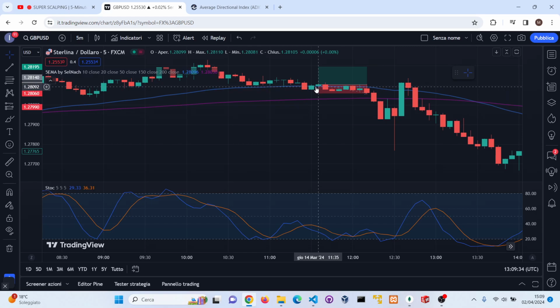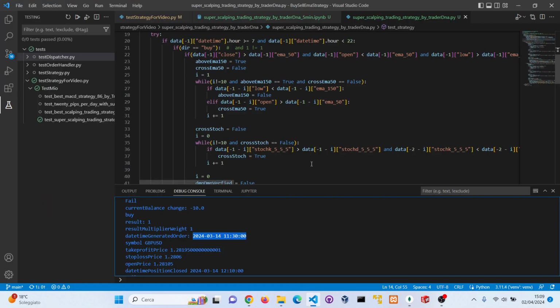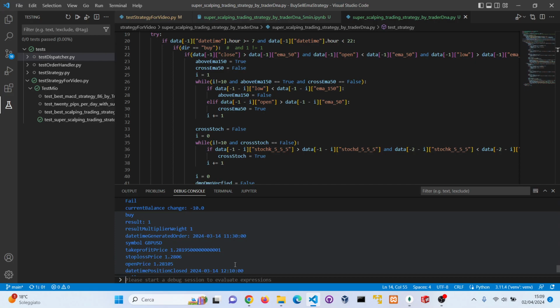And as we can see, it was a fail, as my software predicted. So these are the basic conditions.